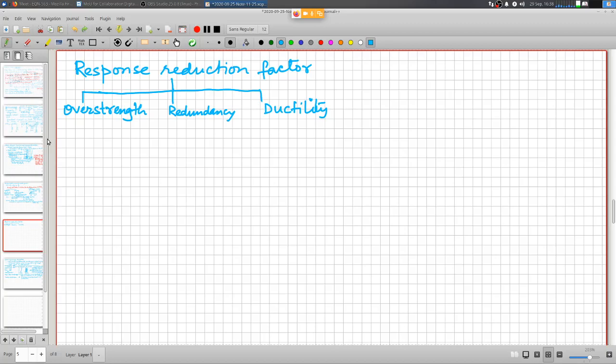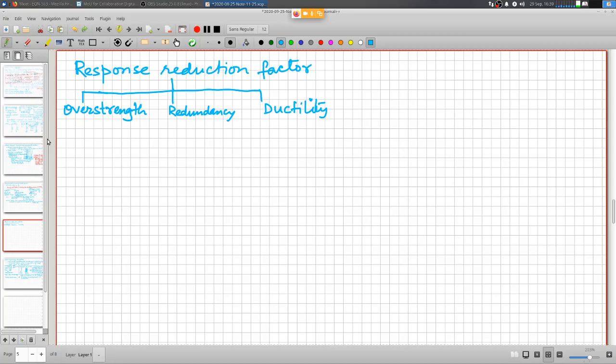So the area of steel that you actually provide would be somewhat greater than the area of steel required for the target moment of resistance, right? So that extra area of steel that you are providing, what is it doing? It is contributing, adding more to the strength of the section, which is not really accounted for anywhere in your calculation, right? So that is what we are referring to as overstrength.